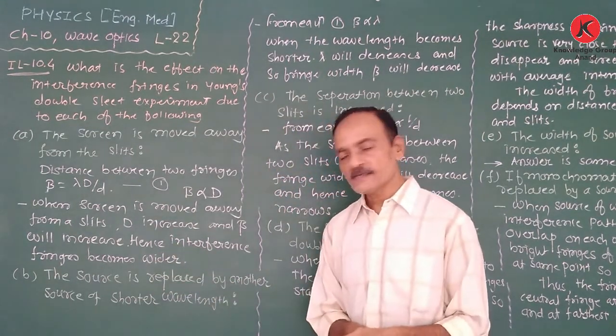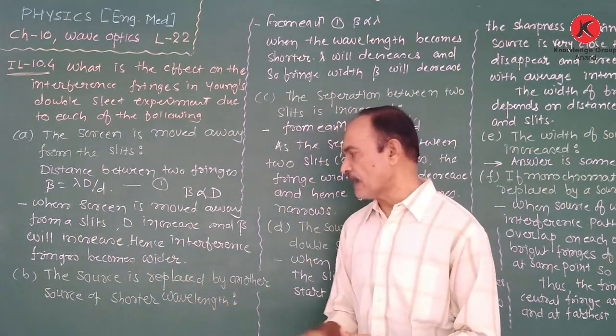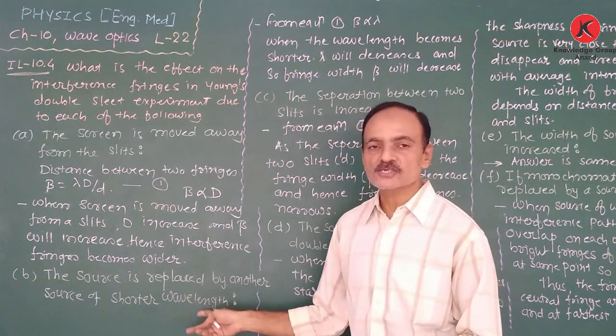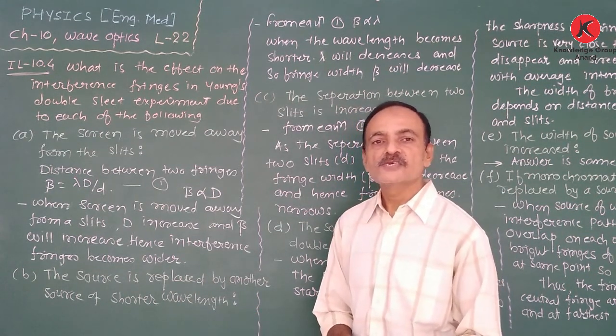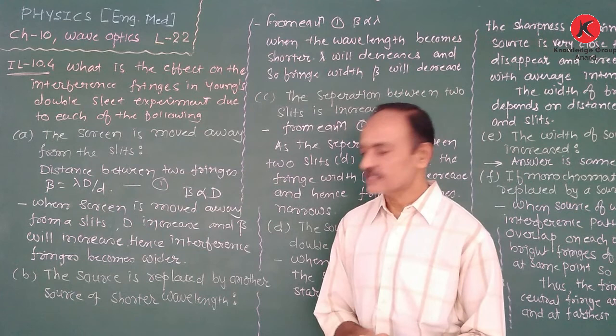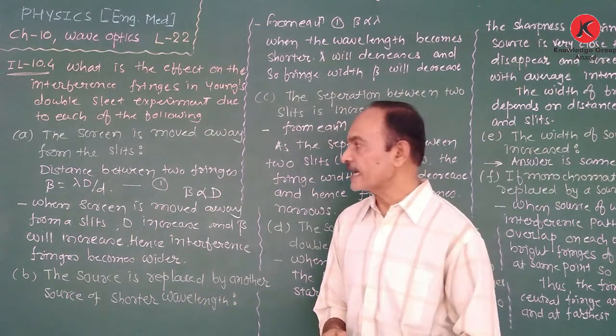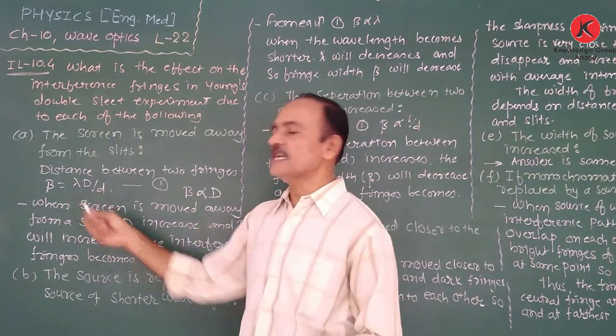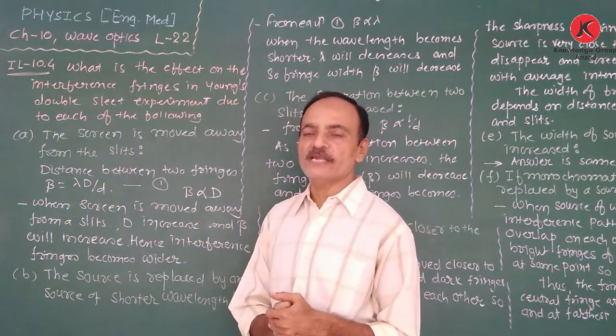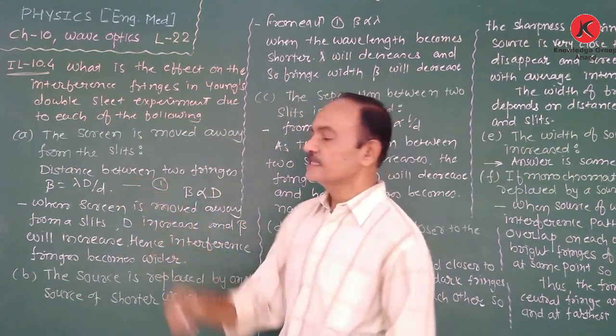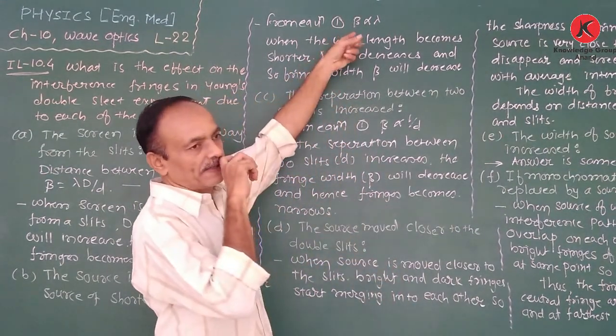Now the second part: the source is replaced by another source of shorter wavelength. Again, according to the equation, beta is equal to lambda D upon d. Here beta is directly proportional to the wavelength.